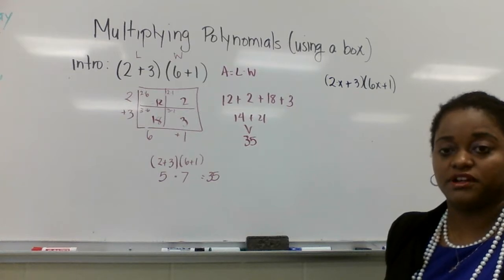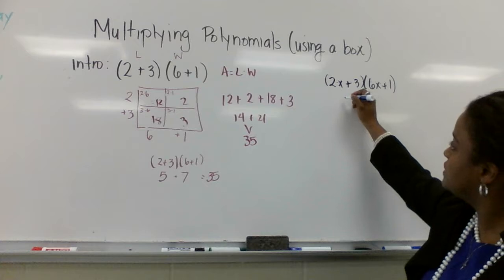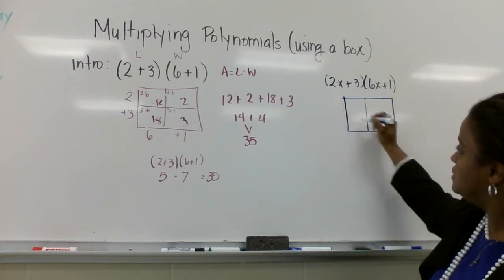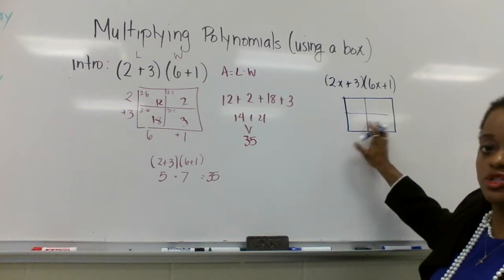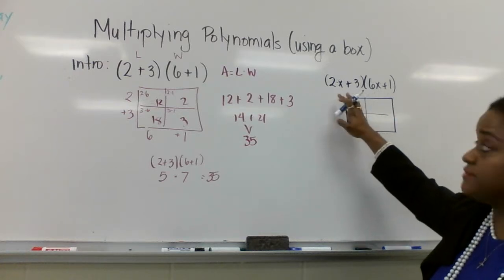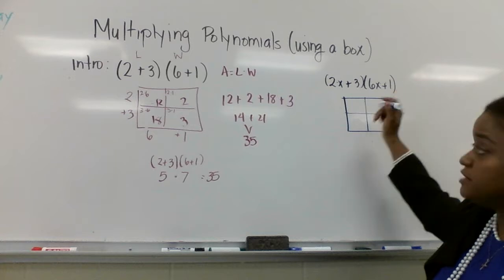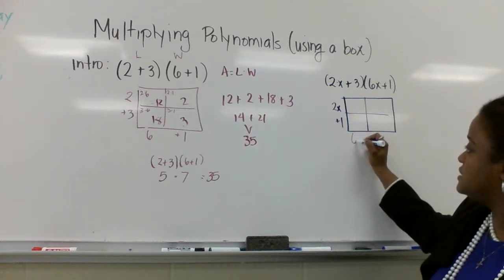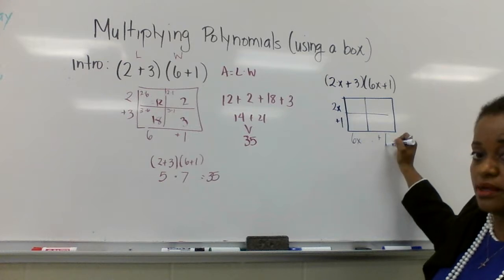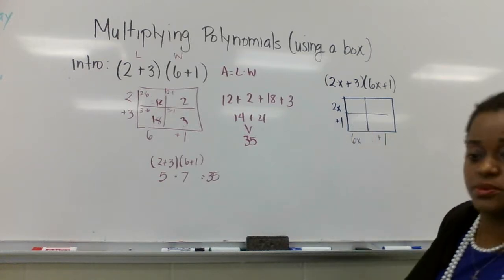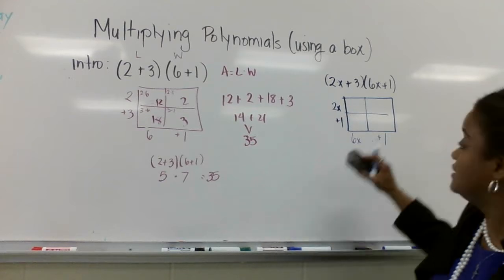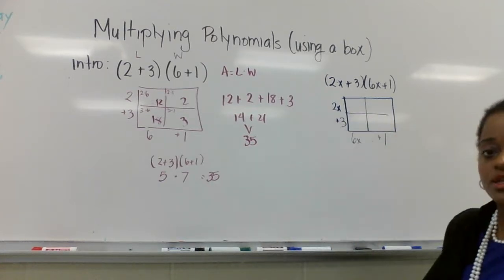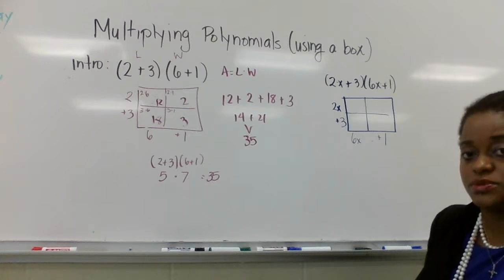Let's use a different color. It is still a 2 by 2 because I have 2 terms here and 2 terms there. 2x plus 1 is length. 6x plus 1 is over here. I made a mistake. That is not plus 1. I'm sorry. That's plus 3.